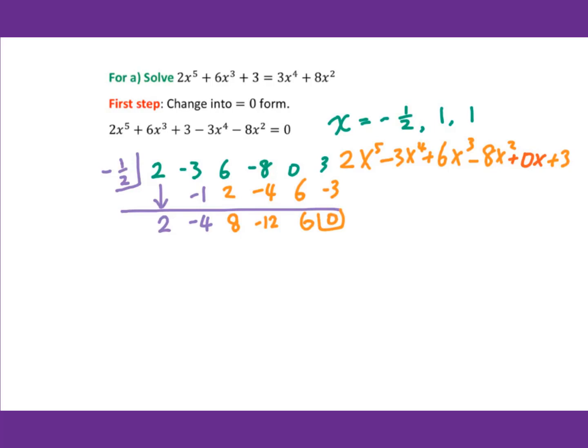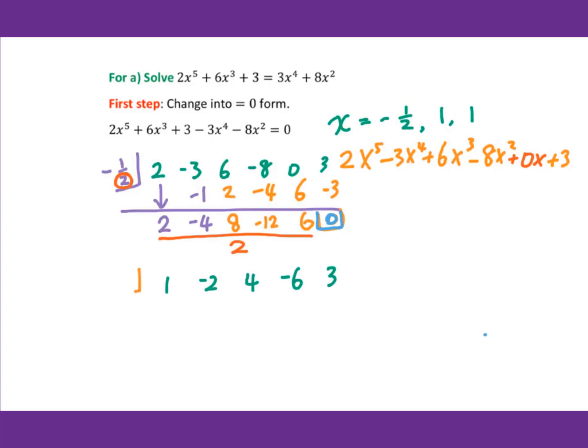Make sure when you do the synthetic division, the remainder must be 0. Since this is a 2, don't forget divided by 2 for this quotient. So we got the 1, negative 2, 4, negative 6, and a 3.